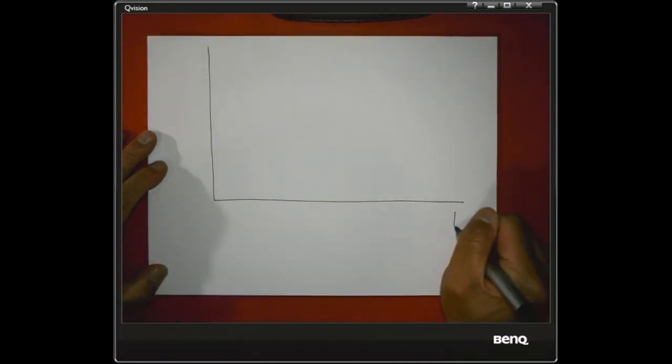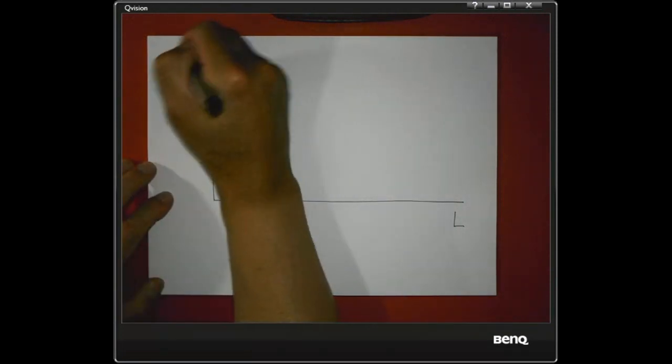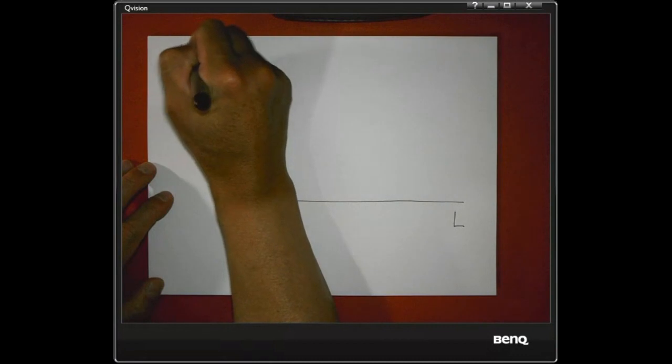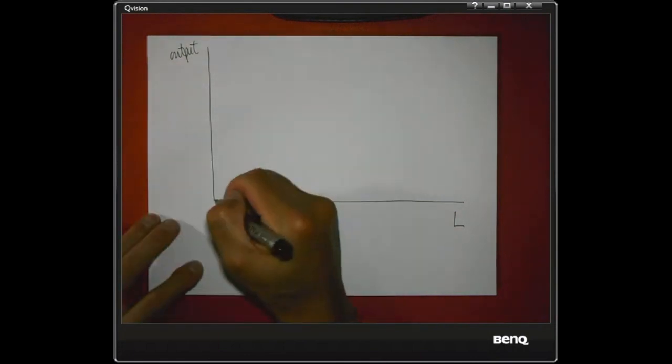So now, in the short run, if this is labor inputs, in the long run, you have enough time to build a larger factory or sell the factory and get out of business. And this is the outputs. So the relationship between labor inputs and the outputs looks like this.